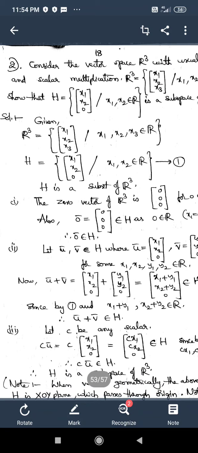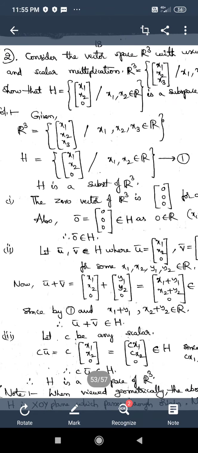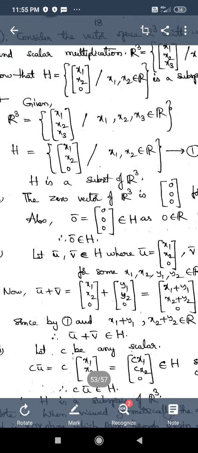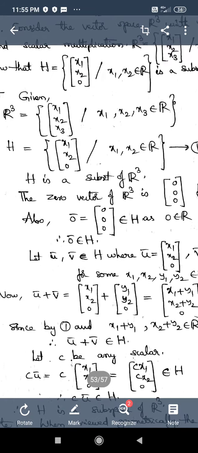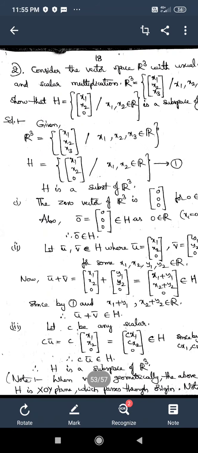And now we can see that as the third entry of H is fixed as 0 and the other two entries are variables, H is a column vector consisting of all three entries as real numbers, and hence H is a subset of R3. And if x1, x2 are also zeros, then the zero vector will be in H. Let us see whether that happens in H and how.